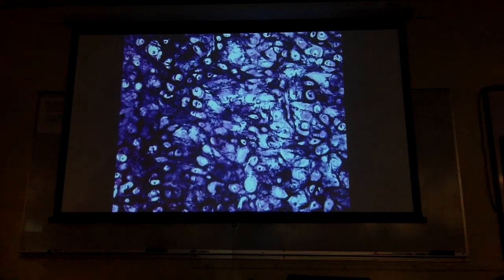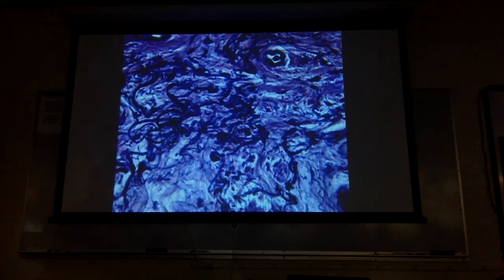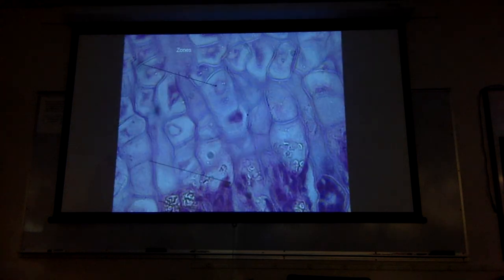What's this? Elastic cartilage, good. Elastic cartilage is a tricky one, but that's elastic cartilage. And this is just elastic tissue, don't worry about that so much. What's this zone right here? Hypertrophication, because this would be the ossification here, and then right here at the edge would be calcification.